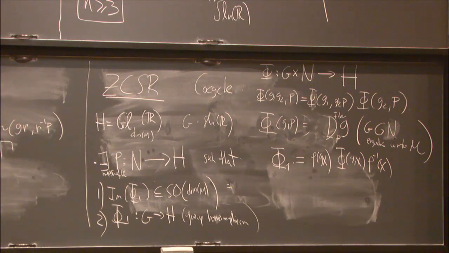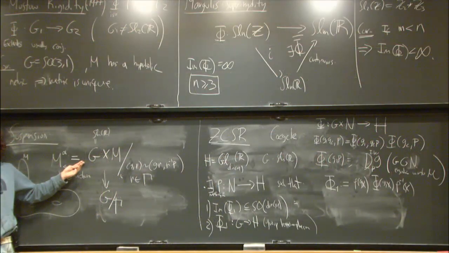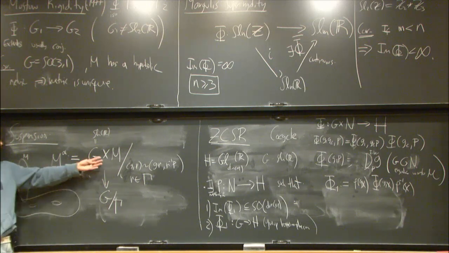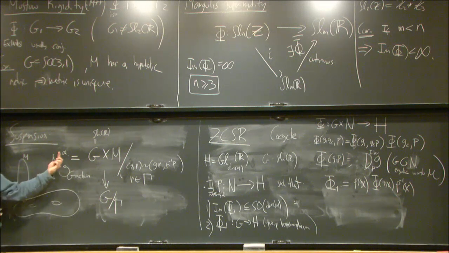So if gamma acts on M preserving a measure, then there's a corresponding measure here being preserved. If the action was ergodic, then you get some ergodic action here, and if you have a metric, here you have a fiber metric that is being preserved by this action.